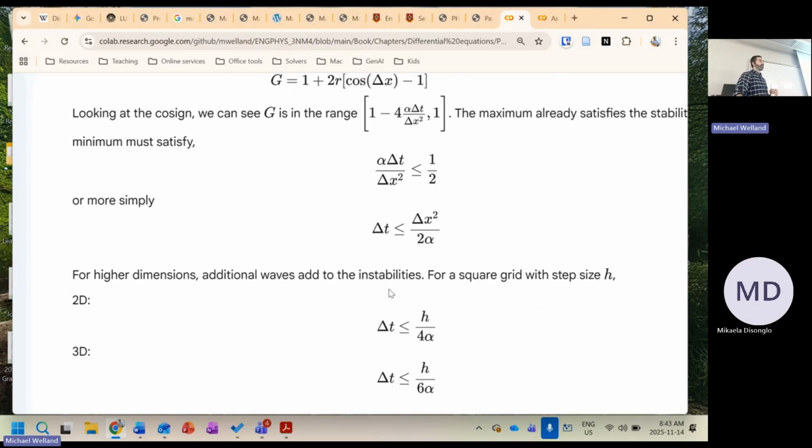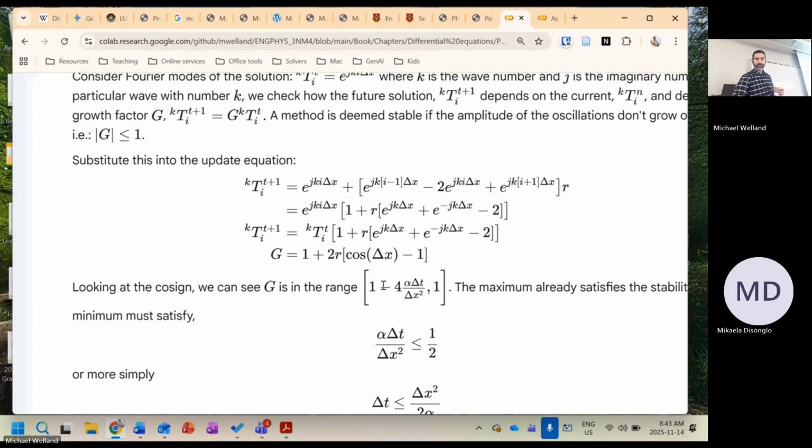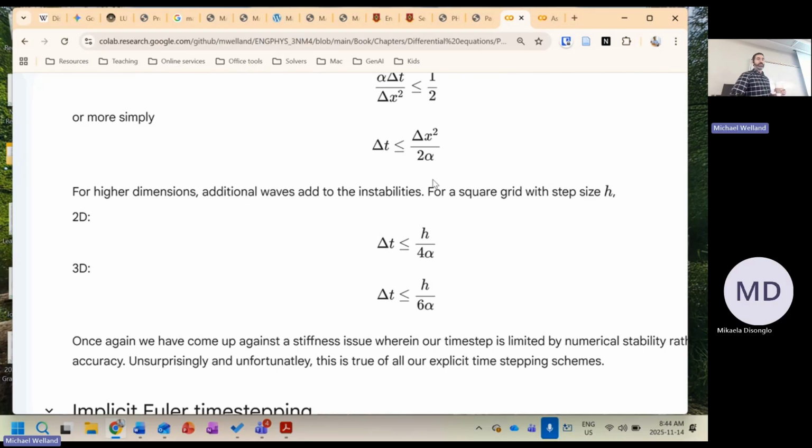With higher dimensions, this is all in 1D. When you go into higher dimensions, this gets a little bit more complicated because you've got more terms in your central difference. You've got the ones on the side, above and below, on the other side like that. That corresponds to, again, for even spacing, a change in variable in number here, your scale down here.